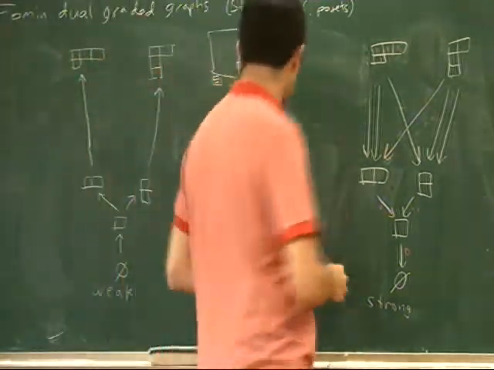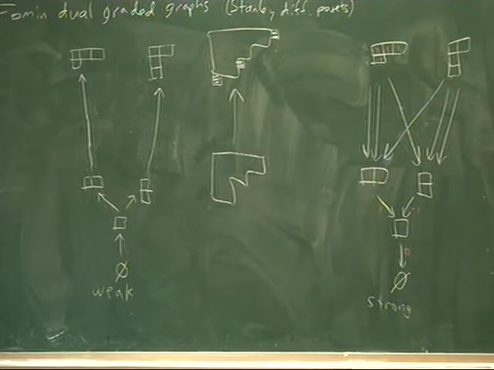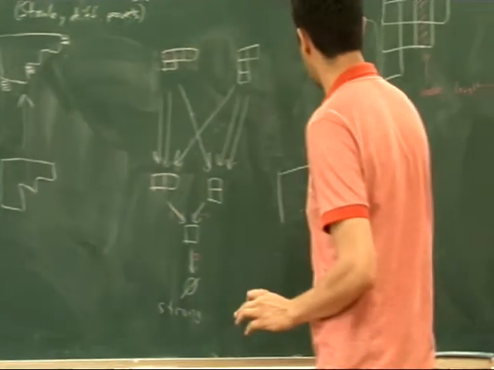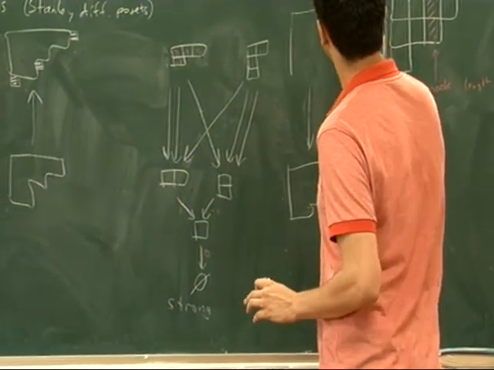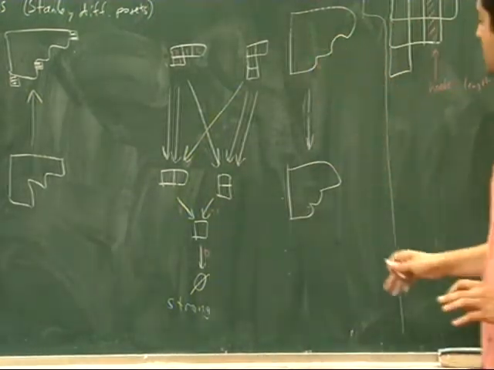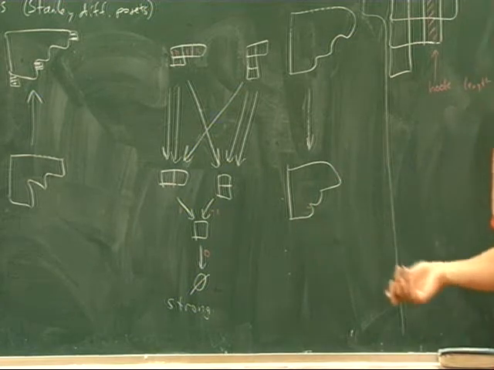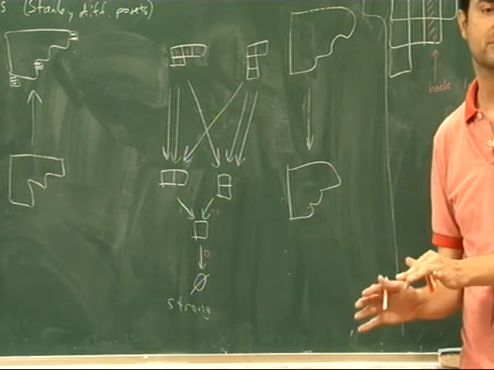And this order is slightly more complicated. It's actually simpler, but the multiple edges are more complicated. This order, if you forget the multiple edges, is containment. So there's edges between two cores if this one is contained here. But how many edges? Well, as many as connected components in the difference.